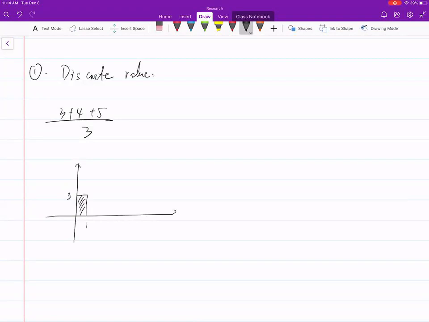Then you take a 4. And then you take a 5. Now, what is 3 plus 4 plus 5? That will be the area of all the rectangles I just wrote down.